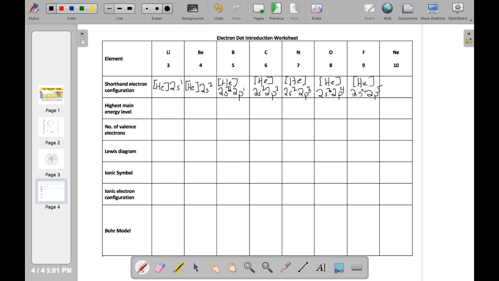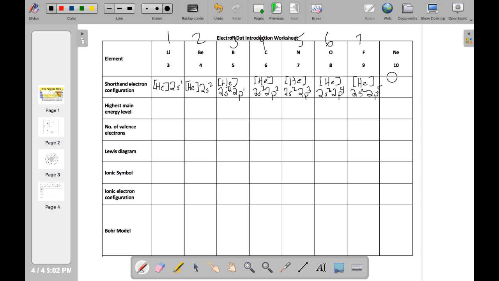So in essence, what we're saying here is there's 2 electrons here, there's 5 here, so there's 7 electrons in the outer energy level of fluorine. There's 6 here. Right here we have 5, 4, 3, 2, 1.